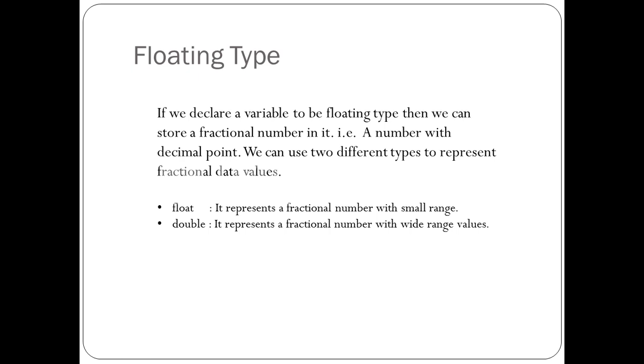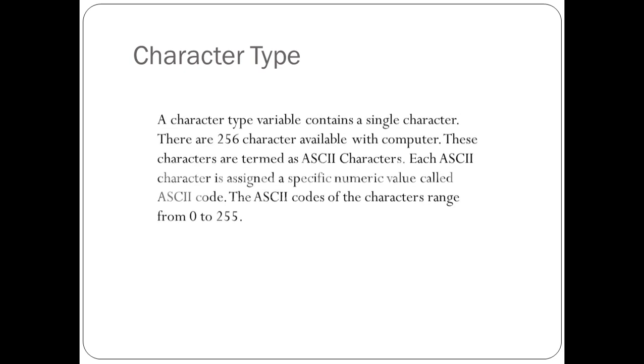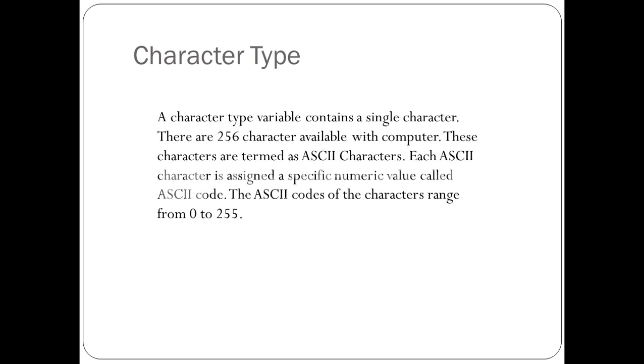Next is the character type of data. Character type of data means characters, not numbers or fractional numbers. We can store a character in a character type variable. The ASCII value is from 0 to 255. The full form of ASCII is American Standard Code for Information Interchange.